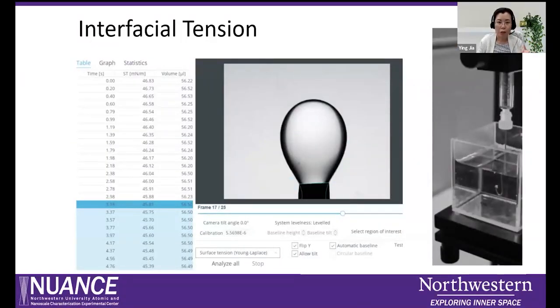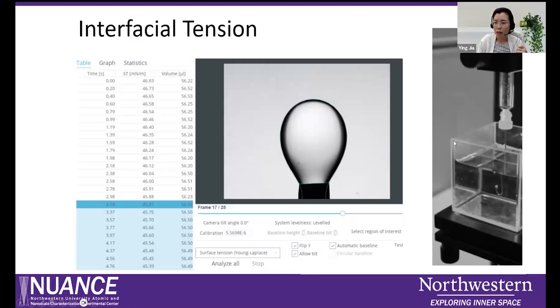Another way is interfacial tension, which is about the interface between two different liquids. It depends on whether the droplet is pointing down or pointing up. We also have this hook that curves up, so you can even measure a bubble within a liquid.